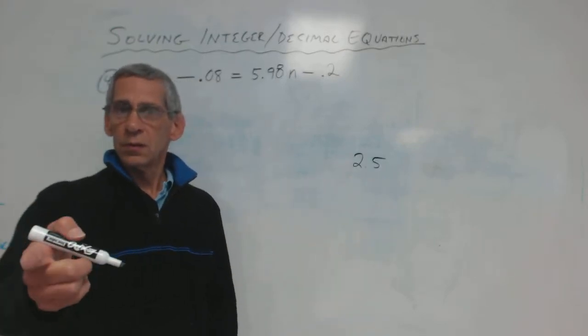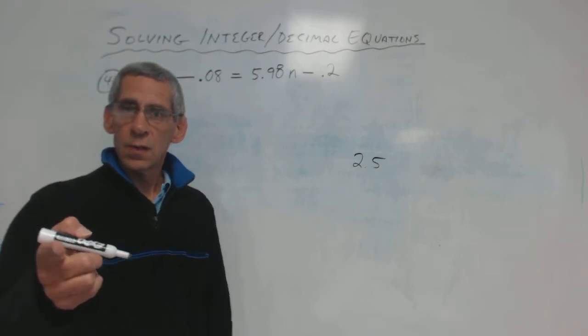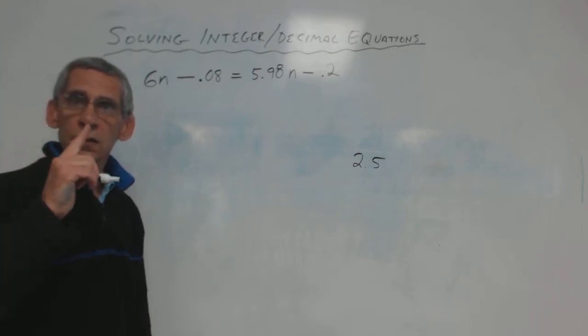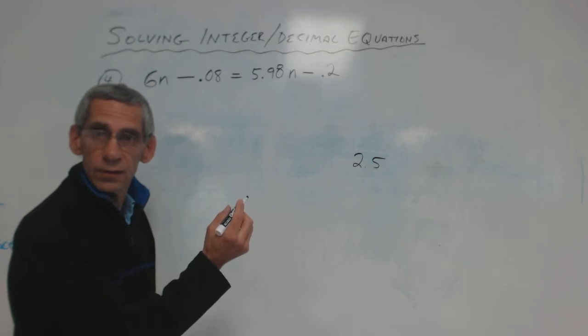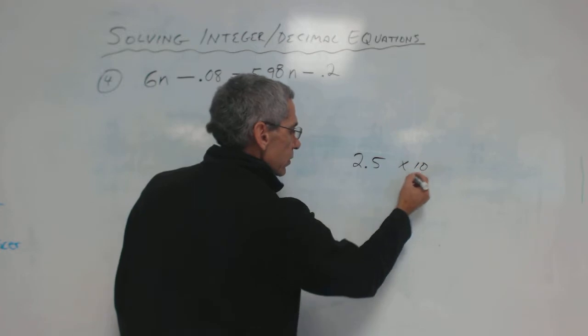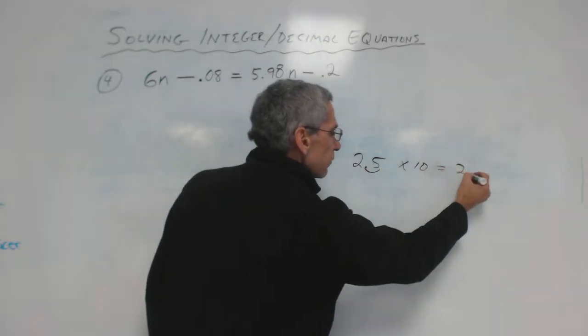It would disappear. I would move the decimal which way by multiplying times 10, Mira? To the right. Is that what you meant? Okay, so look, if I multiply this times 10, look what happens. This decimal moves over here, so the answer is 25.